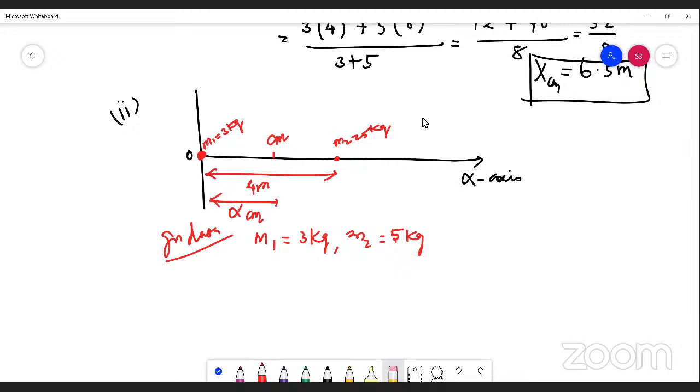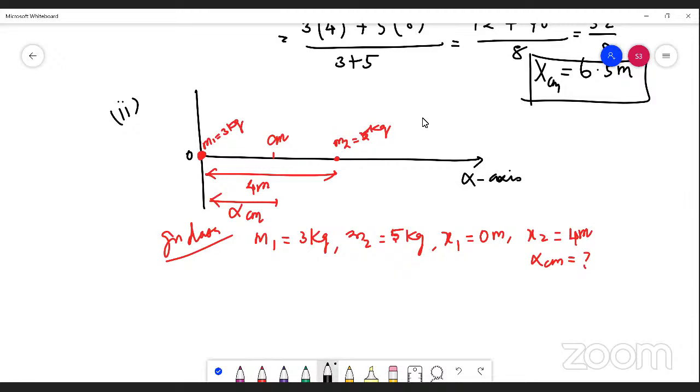And then the position of the first mass M1 is 0 meter because it is coinciding exactly at the origin. So X1 is equal to 0 meter. X2 is equal to 4 meter from the 3 kilogram mass or from the origin. You are asked to calculate the value of XCM.